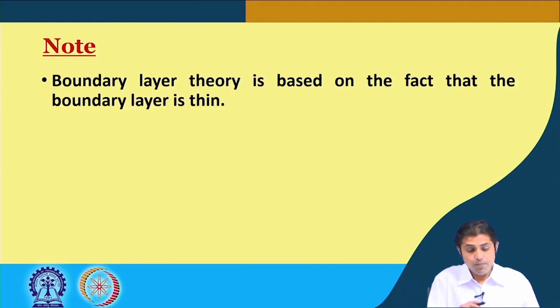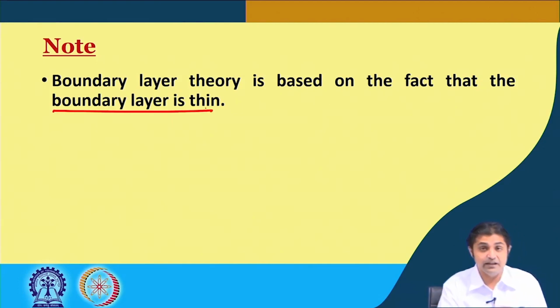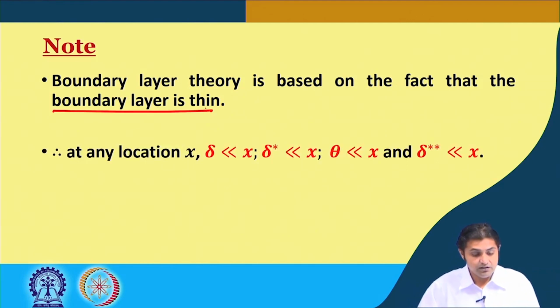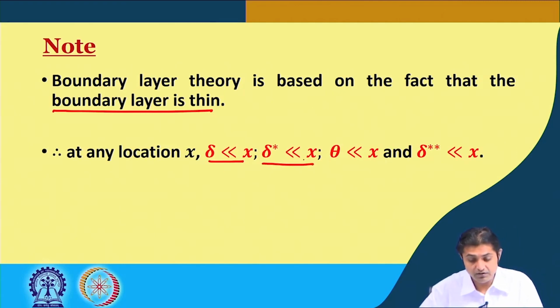Now, we have to make note of some important point, that is the boundary layer theory is based on the fact that the boundary layer is thin. So, at any location x, this x must be very much greater than the boundary layer thickness delta and also the displacement thickness.